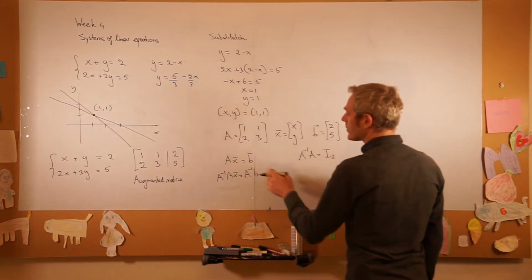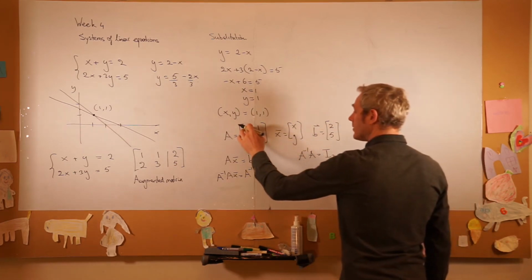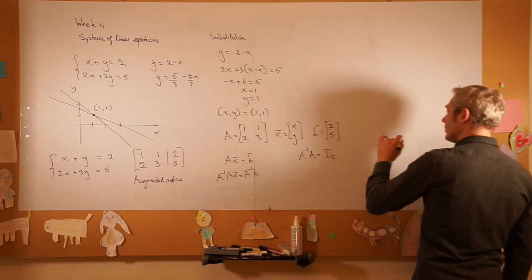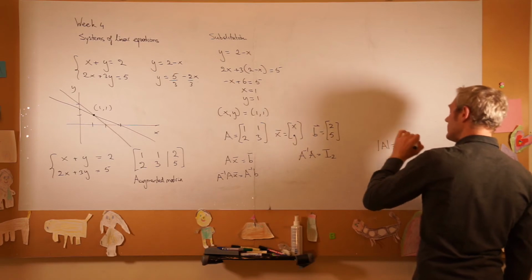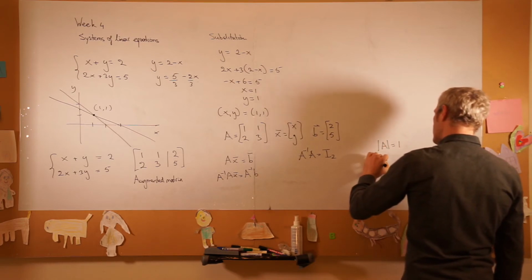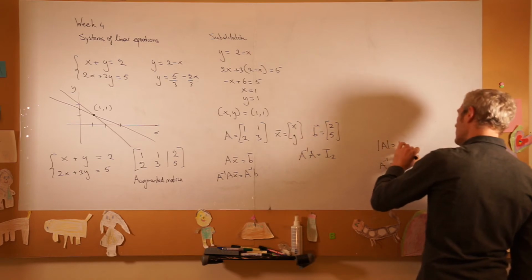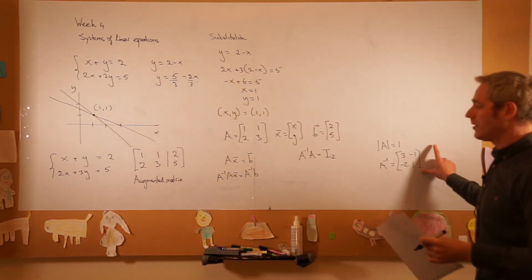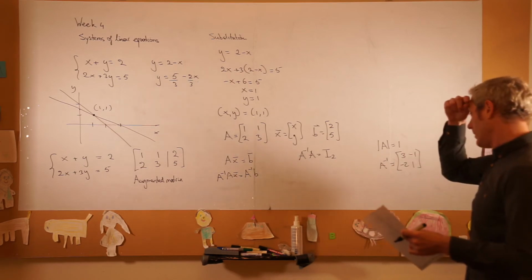Now, the inverse of A is something we can calculate because we know that the determinant of A is equal to 1 times 3 minus 1 times 2, which is equal to 1, and that makes it easy to write out the inverse of A. So this is calculating an inverse of a 2 by 2 matrix, which we did last week.